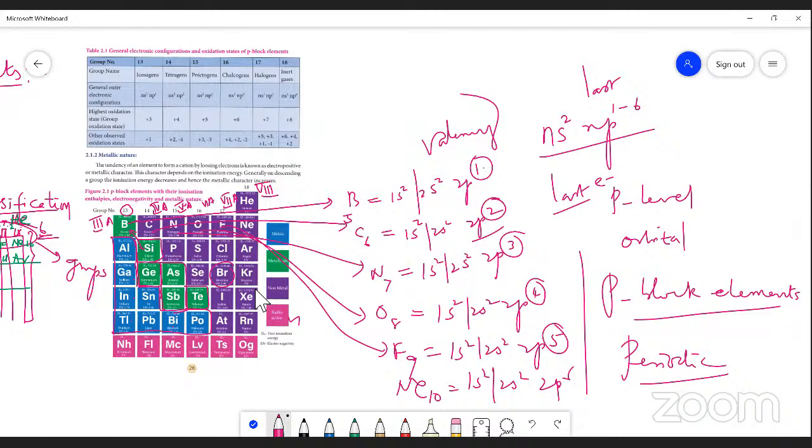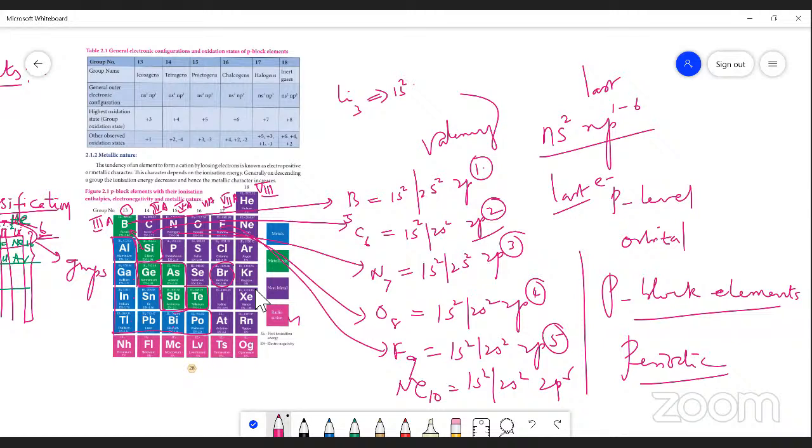Take for example lithium, whose atomic number is 3, and you can write the electronic configuration 1s2 2s1. The last electron is present in the s orbital, so they are called s block elements. Please understand, they are s block elements.